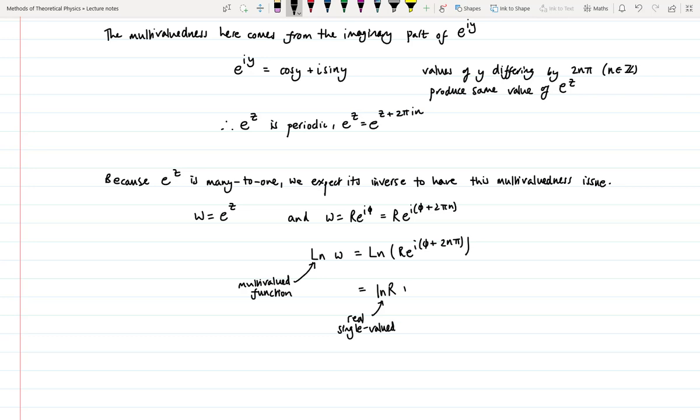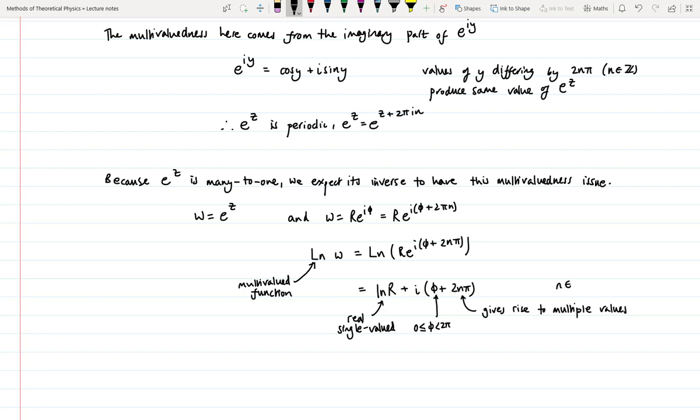And then the exponent is going to give us i, lots of phi plus 2n pi. This phi, we said, lies between 0 and 2 pi. And here it's the value of n that gives rise to multiple values of this complex logarithm.